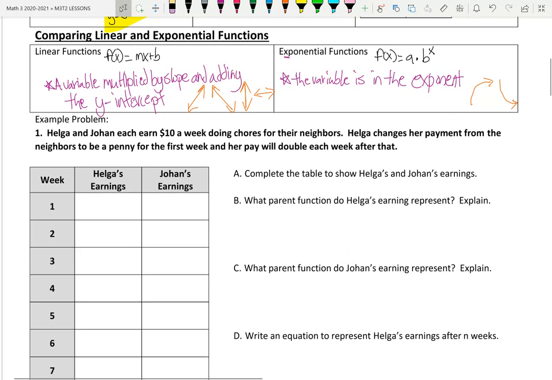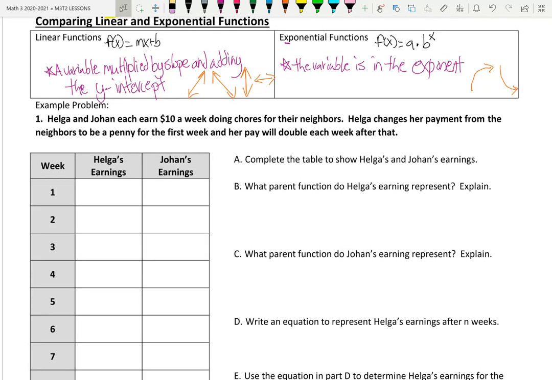All right. Helga and Johan each earn $10 a week doing chores for their neighbors. So Helga changes her payment from the neighbors to be a penny for the first week, and her pay will double each week after that. Let's see who makes more money.